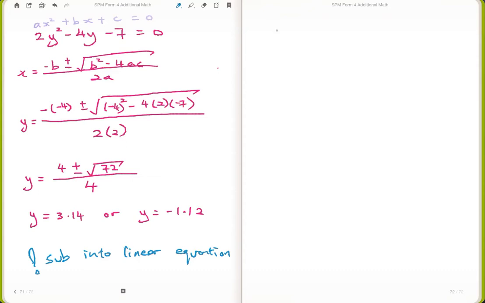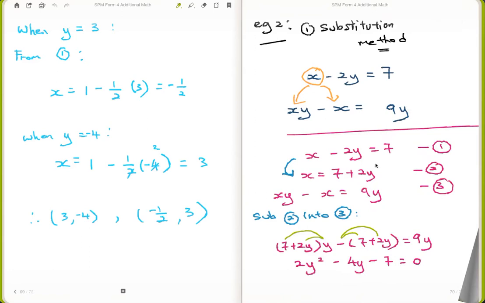Maybe equation 1. Here, sub into equation 1. Let me check back equation 1. Yes. Oh, no. Equation 2. This is a general form, a simpler form for the linear equation.